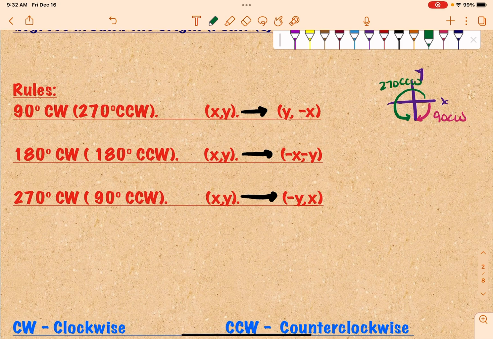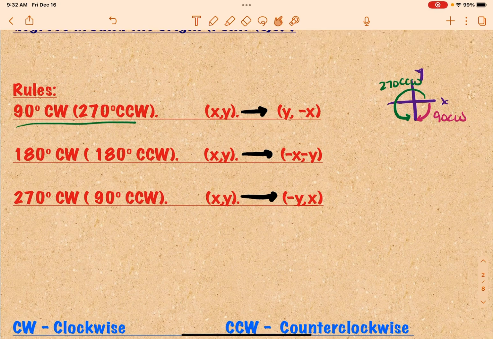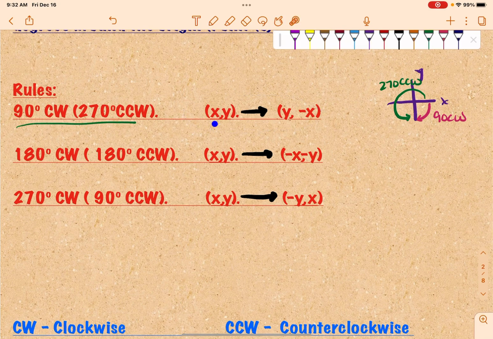So I just want you to know they're both the same. If you see either one of these, they follow this same rule here. If my point starts out as (x, y), the point it switches to, the y changes to the x spot, and the x goes to the y spot. And when it says negative x, that means the opposite of whatever x you had to start with.